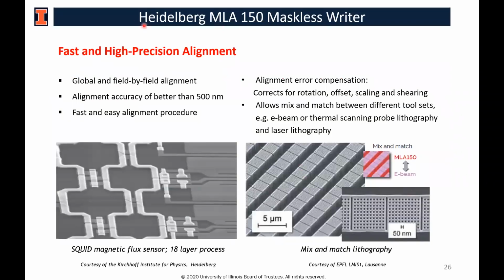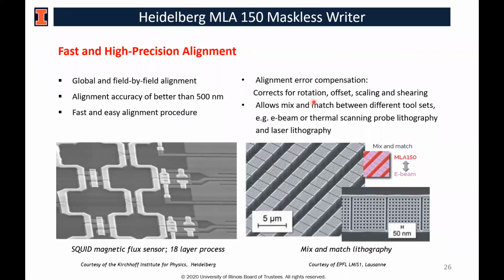One of the advantages of the Heidelberg system is fast and high precision alignment. We can see global field by field alignment, and the alignment accuracy is better than 500 nanometers. It's fast and it's easy with the procedure that we have to align our different substrates. Also, it has the ability to compensate for alignment errors.